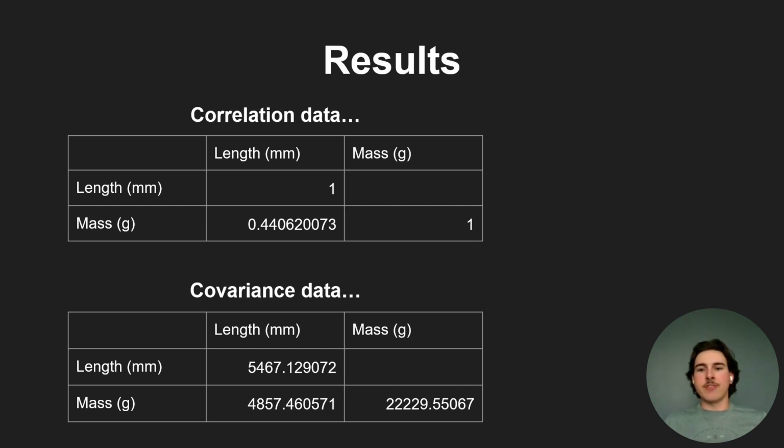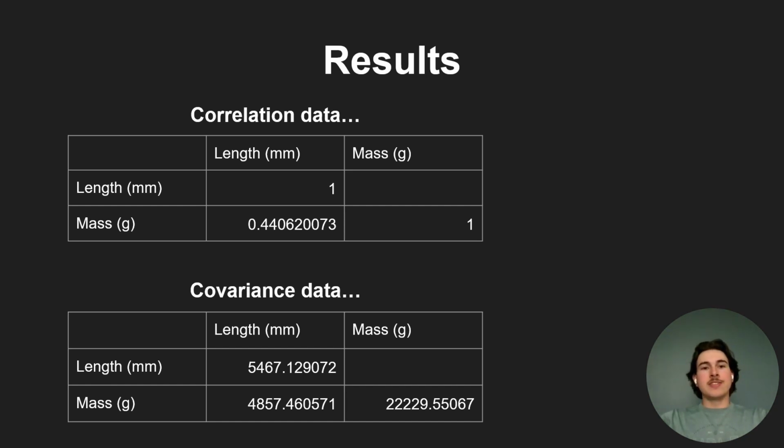That's just something that I found that's included in every covariance and correlation data analysis. But anyways, the covariance is a positive number. This tells us that the relationship between length and mass is directly related. If this number had been negative, this would have told us that they are inversely related.